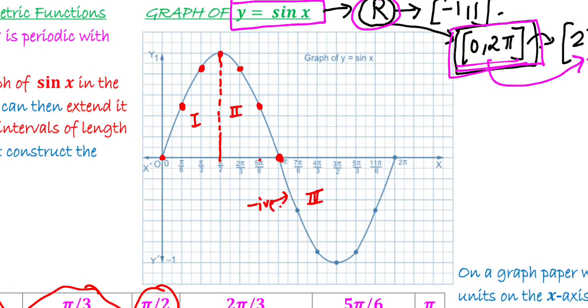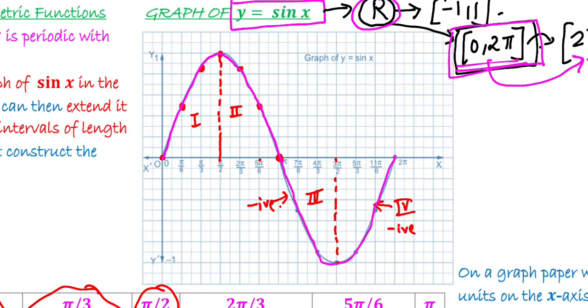So we are obtaining the graph in this form. And then in the fourth quadrant, this is the graph of the function, and in the fourth quadrant also the values are negative. So if we join all these points, we obtain the graph of the function sin x in the interval 0 to 2π in this form.